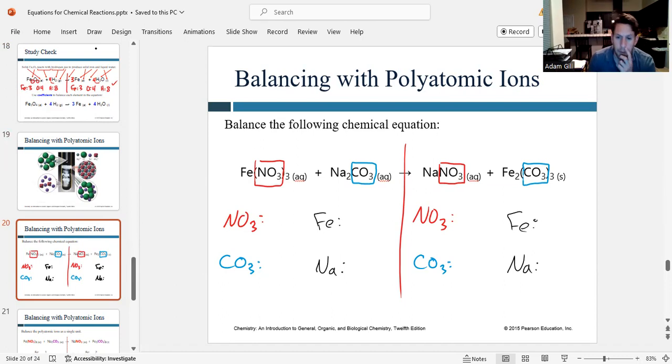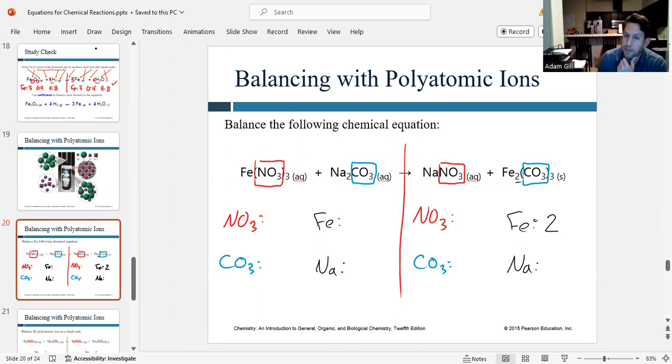Now, when we're balancing equations, the trick that I like to use is look for the most complicated compound and start with that. So in this case, I think that the iron carbonate looks like the most complex. It's got the largest coefficient, or excuse me, largest subscripts. So I'm going to start with this compound here. And we see that there's 2 irons.